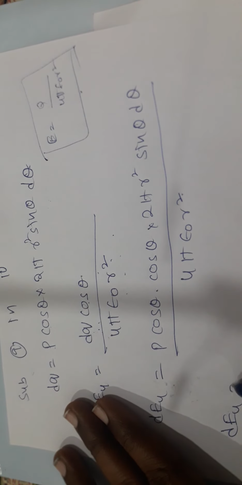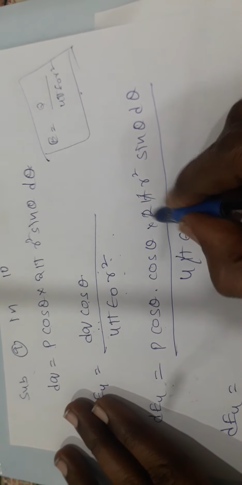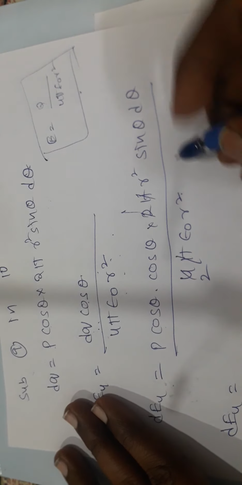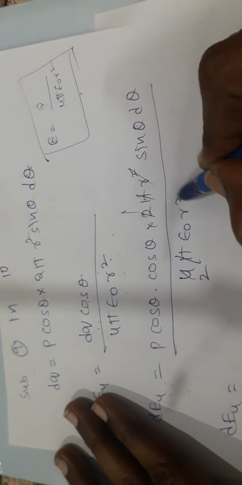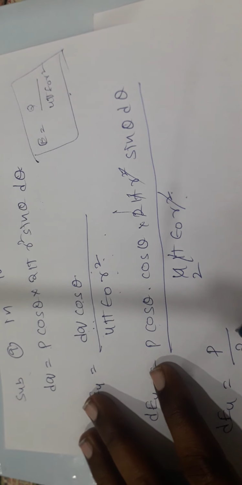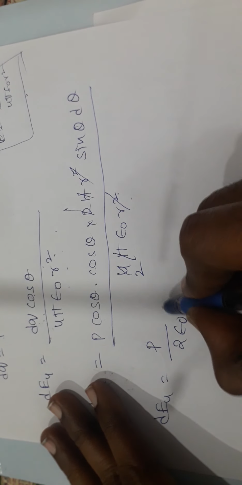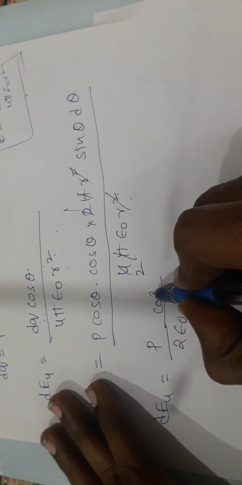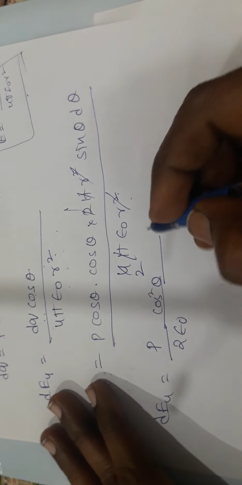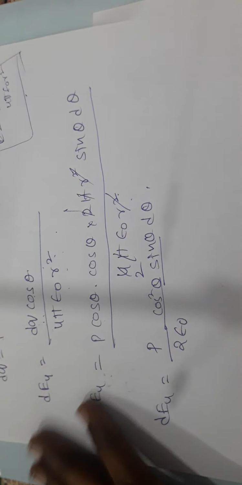Now pi gets cancelled, 2 ones are 2, twos are 4, and r square gets cancelled. Now we get P by 2 epsilon naught into cos square theta, cos theta into cos theta, sin theta d theta.